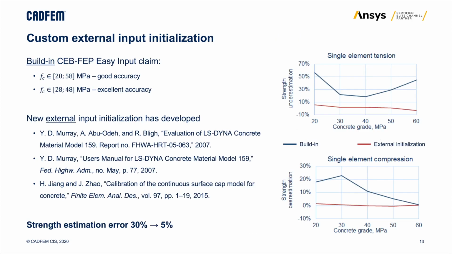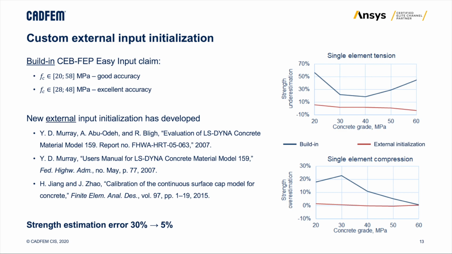With this model, we did some tests and got some interesting results. For example, with single element tension and compression, this model shows significant error in extreme concrete strength prediction. You can see on the slide the curves on the right side. The blue curve is the built-in calibration procedure result. We can see that the error can be up to 50%. This is unacceptable.